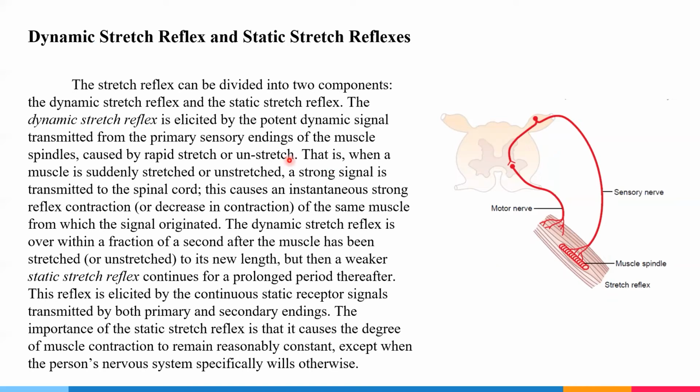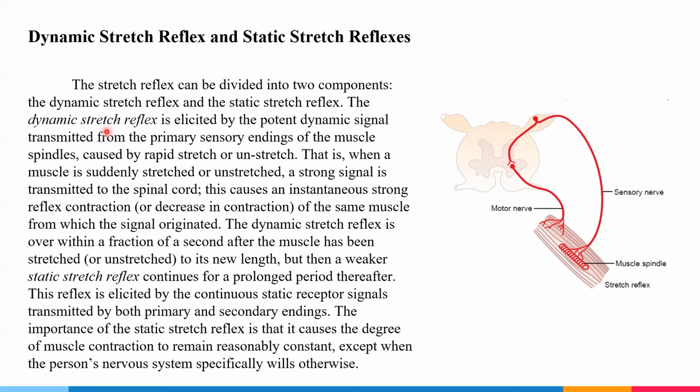Next, let us look into the dynamic stretch reflex and static stretch reflexes. The stretch reflex can be divided into two components. The first is the dynamic stretch reflex, and the second is the static stretch reflex.